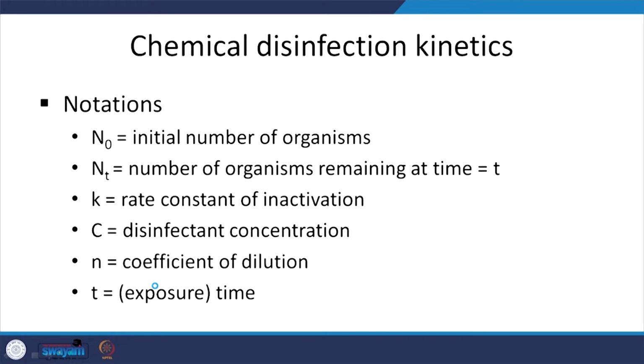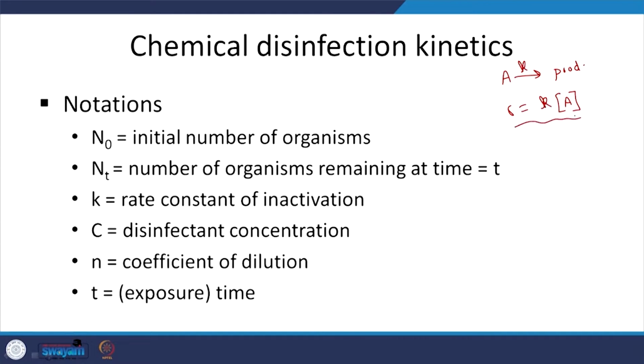So chemical disinfection kinetics in general, before we go further, what do we know? We know that A goes to products, a first order reaction. Rate is always dependent only on the reactants. So the rate of this reaction is dependent upon the concentration of A and the rate constant of that reaction.